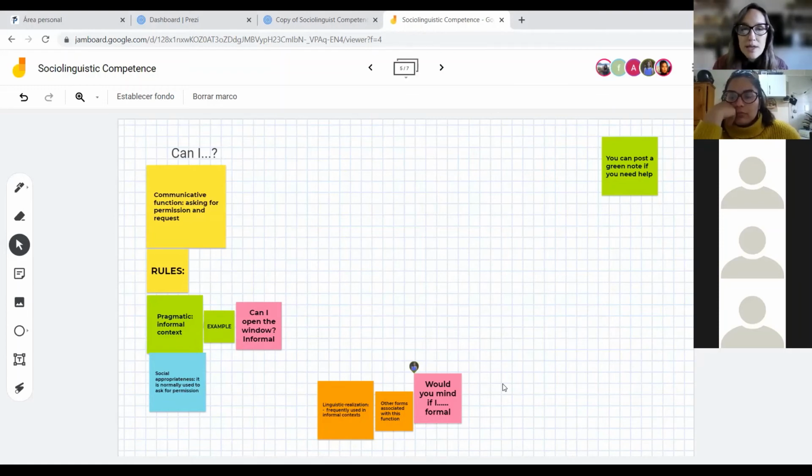I don't know if you saw it, but it might help you think about what situations in real life are the ones in which these language forms appear or are appropriate, okay? Because sociolinguistic competence also has to do with the situation, right?